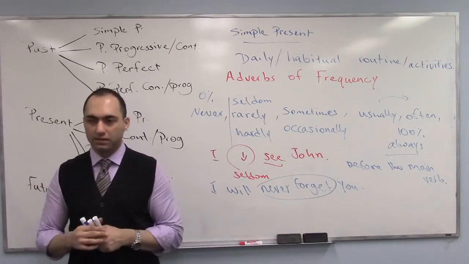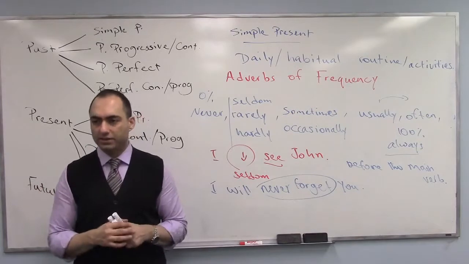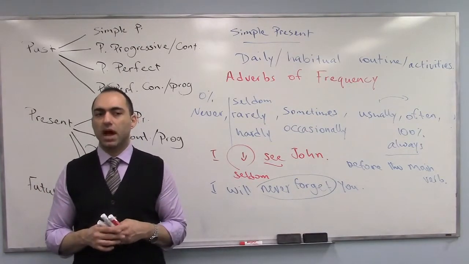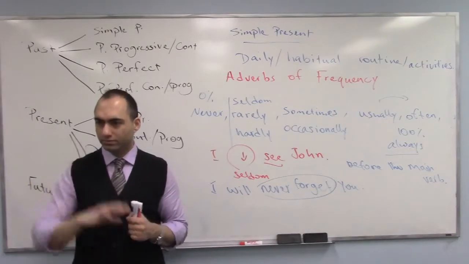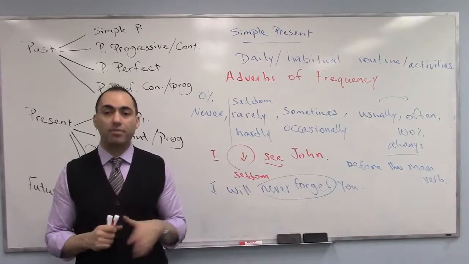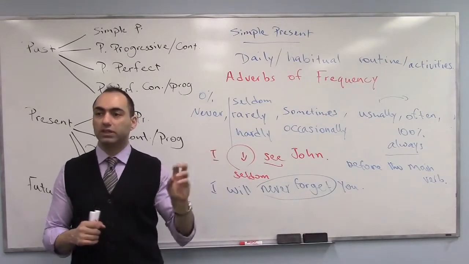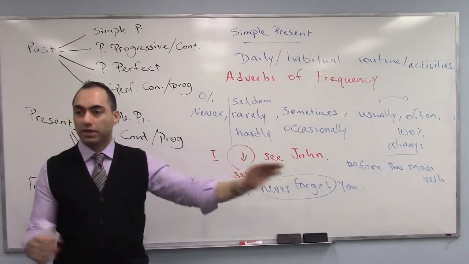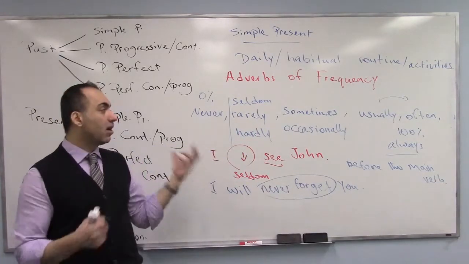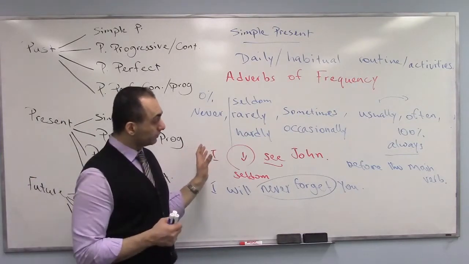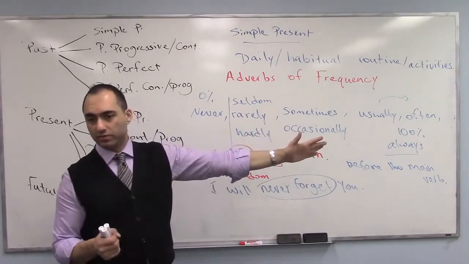I always wake up late. I am always late for my class. I will never forgive you. So adverbs of frequency do not occur only in the simple present tense, but they are one of the major markers of this tense, and they appear before the main verb.